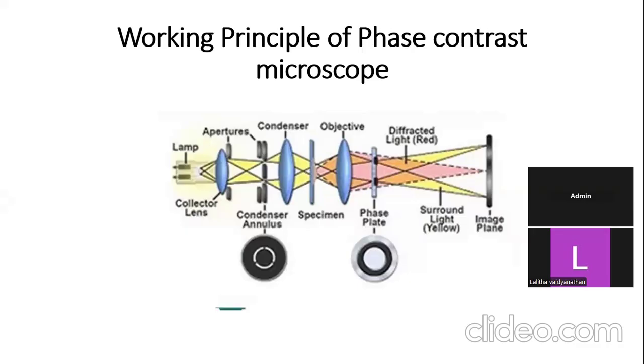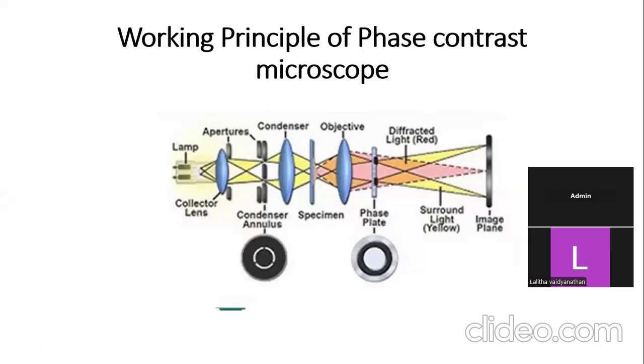Since it is not stained, it is going to give a shift, and here the image will look like this: the nucleus will be a little bit dark, and the remaining portion will be a little bit light. So you get a contrast, one dark and another light. Which otherwise needs more staining? Instead of staining, the light gives the contrast. So this is about the working principle of the light microscope.